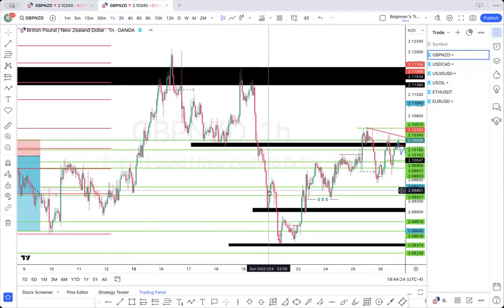this 1 hour started pushing back up, right? But there is no structure that it has created to break for a buy. Yes, it broke past this high, but there is no structure at this zone.